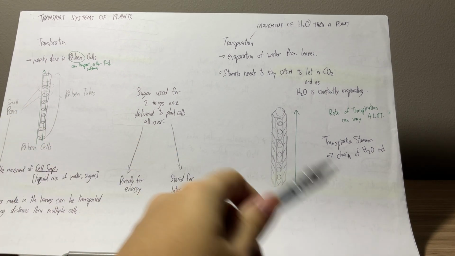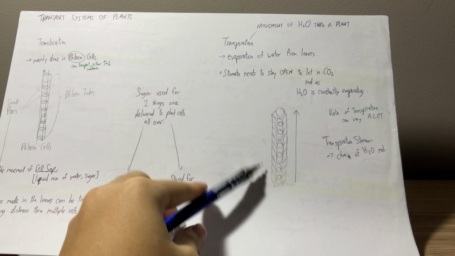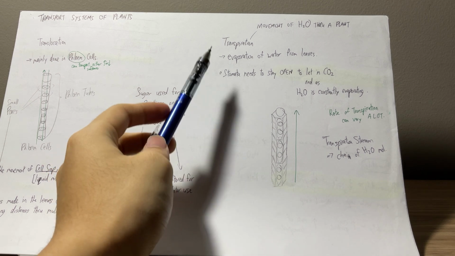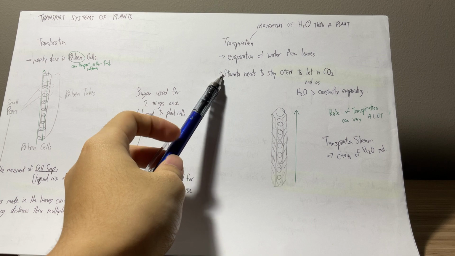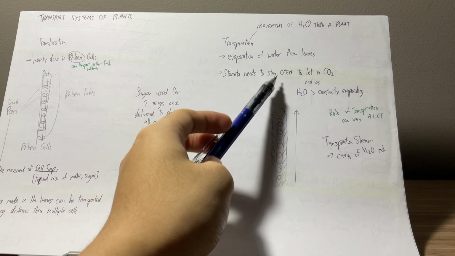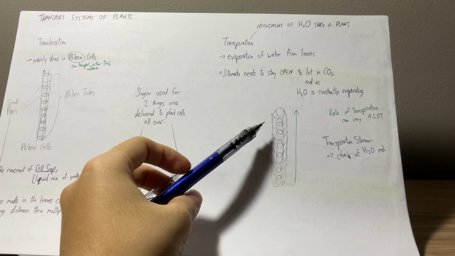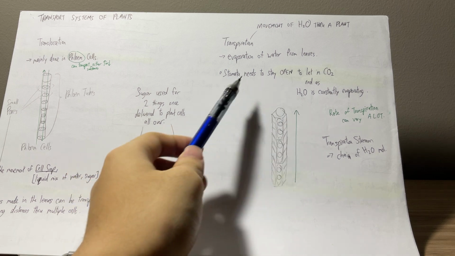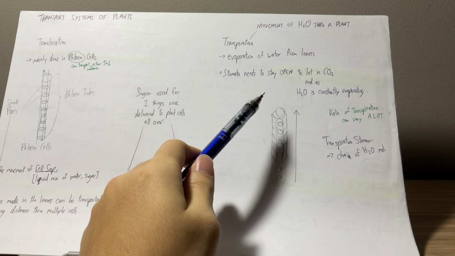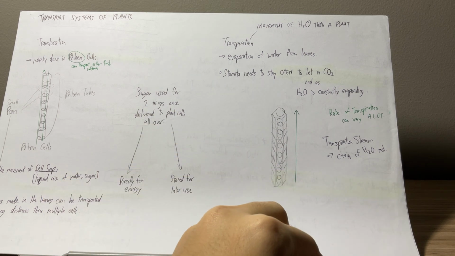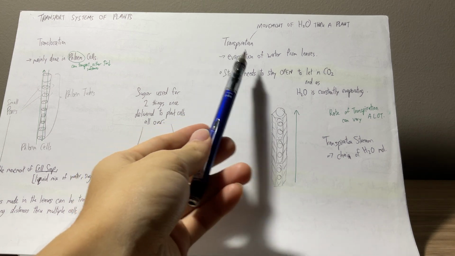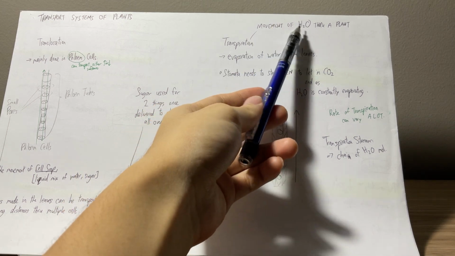I think the lid that I was referring to earlier is called the stomata. The stomata needs to stay open to let in carbon dioxide, and at the same time, water would inevitably constantly evaporate. So transpiration is basically the movement of water through a plant.